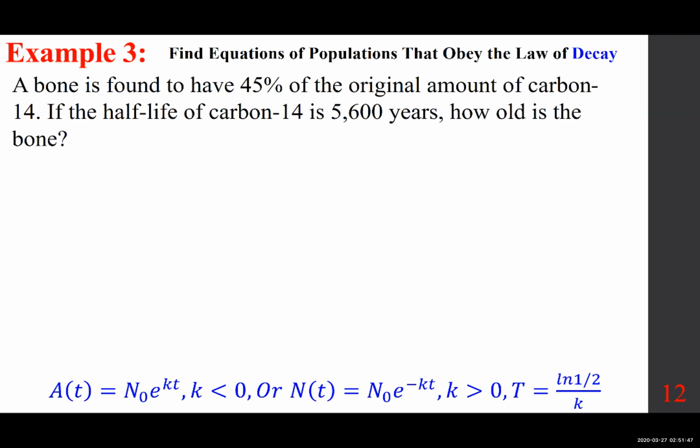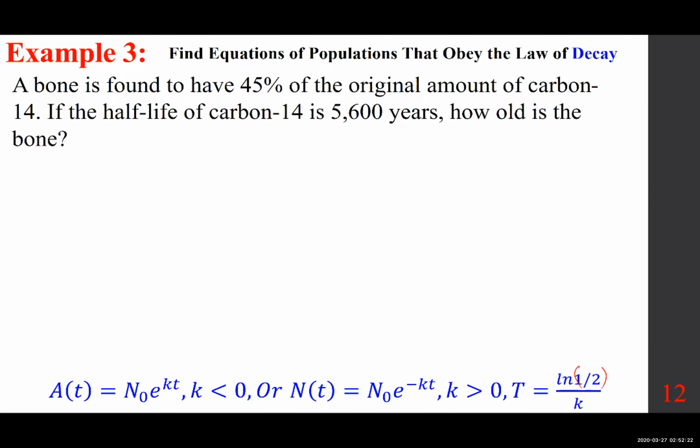Now, in the case of a decay, we are dealing with an exponential decay and the concept of a half-life. The concept of a half-life refers to what happens when the initial amount goes down to half of its original size, okay?